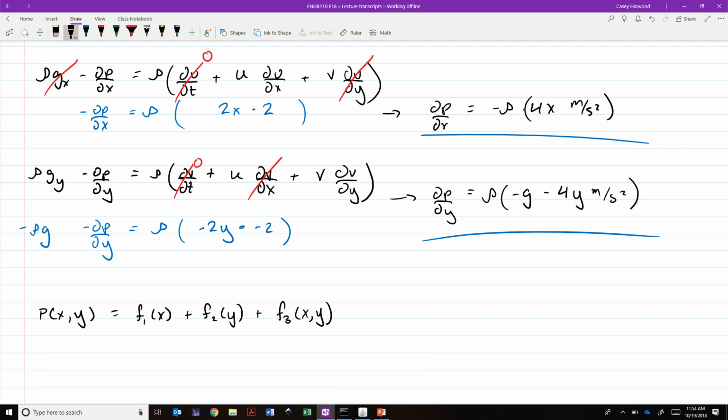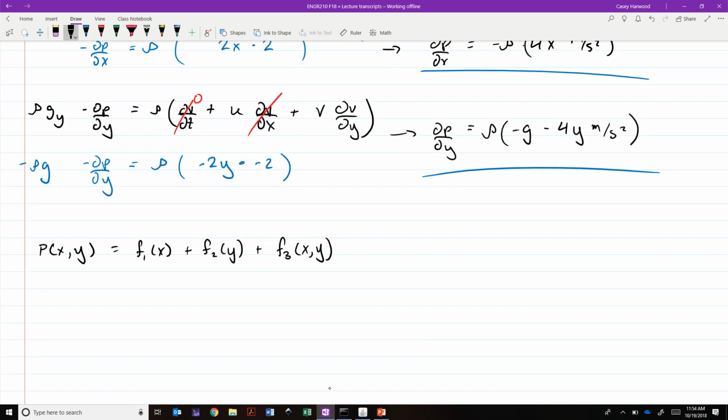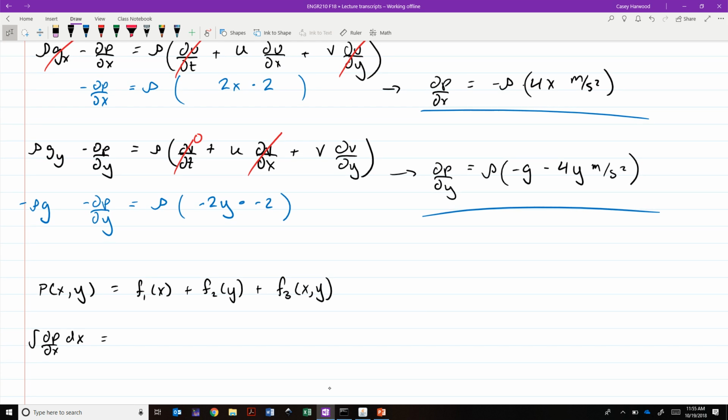If we were to split up all the terms, it has to fit under one of these boxes. Okay. If we integrate dp dx on x, we're going to end up with 2 rho x squared meters squared per second squared.